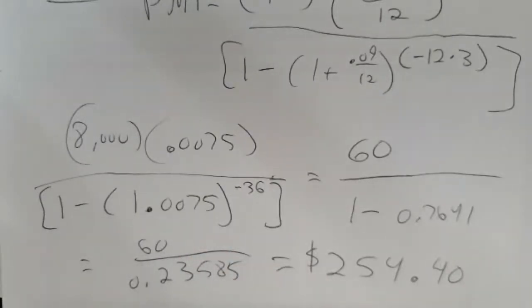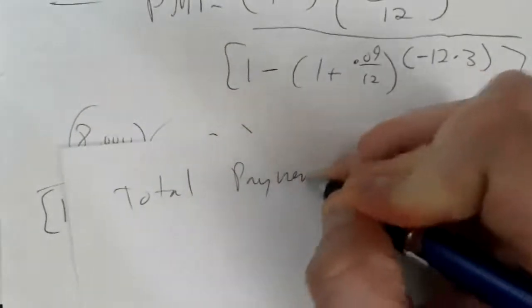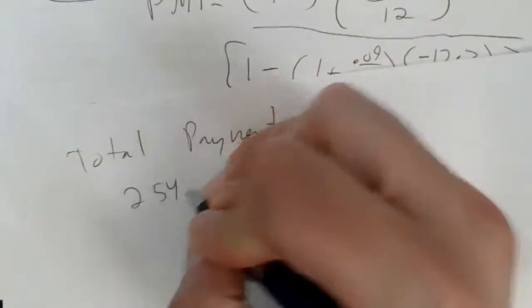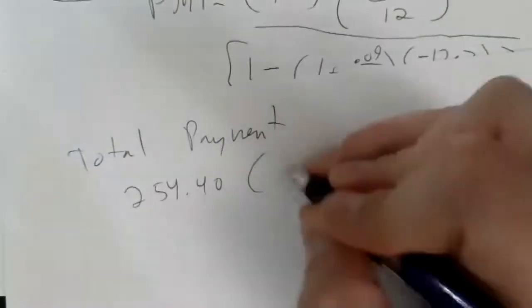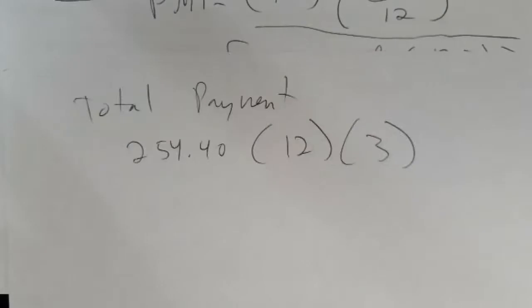So now I want to take this thing and go back and talk about the total payment. What is my total payment that I'm making? So I'm going to make the payment of $254. I'm making it monthly, or a total of 36 different payments.